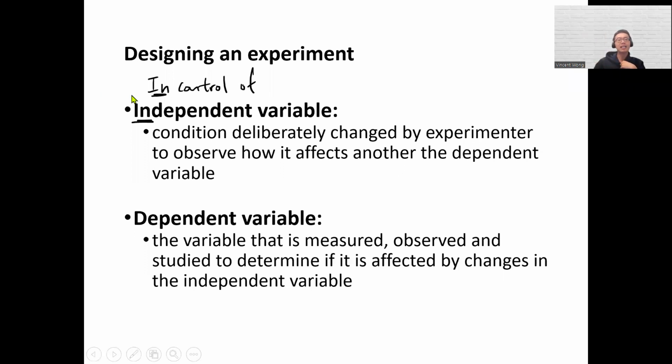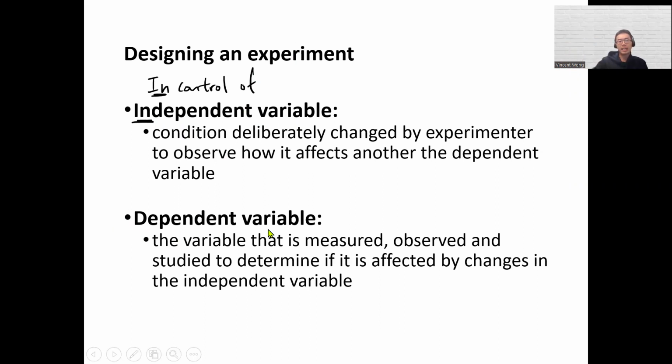That's the independent variable. Now, what are you trying to achieve here? By manipulating the independent variable, you want to see if it has an effect on the dependent variable.